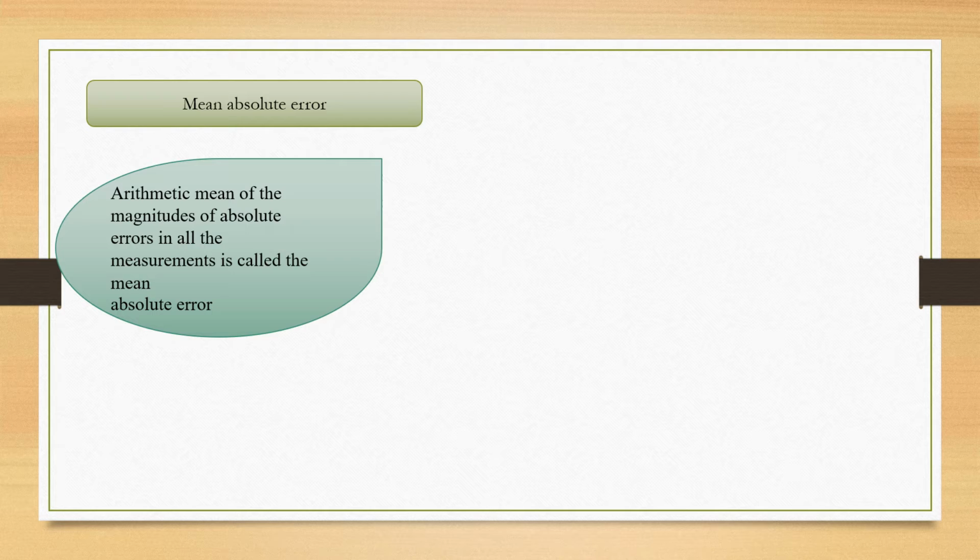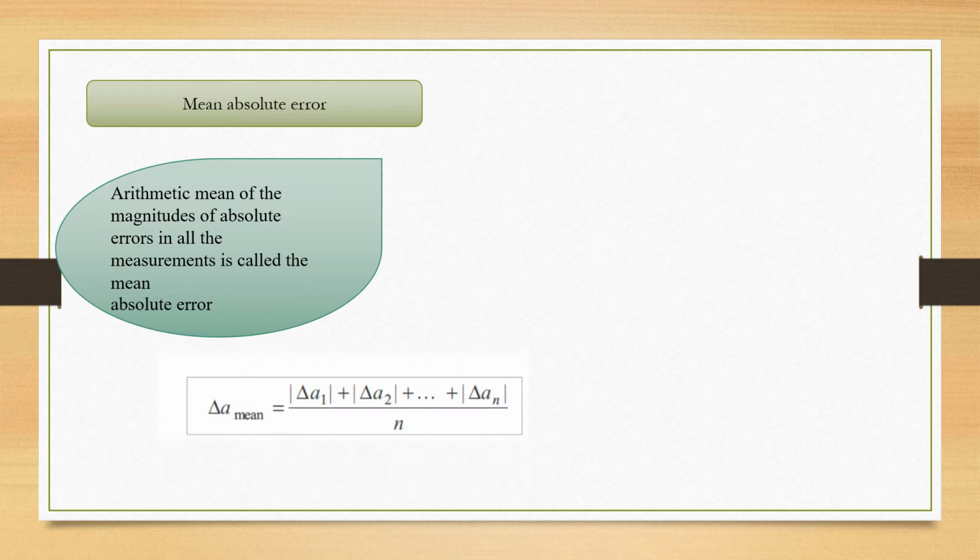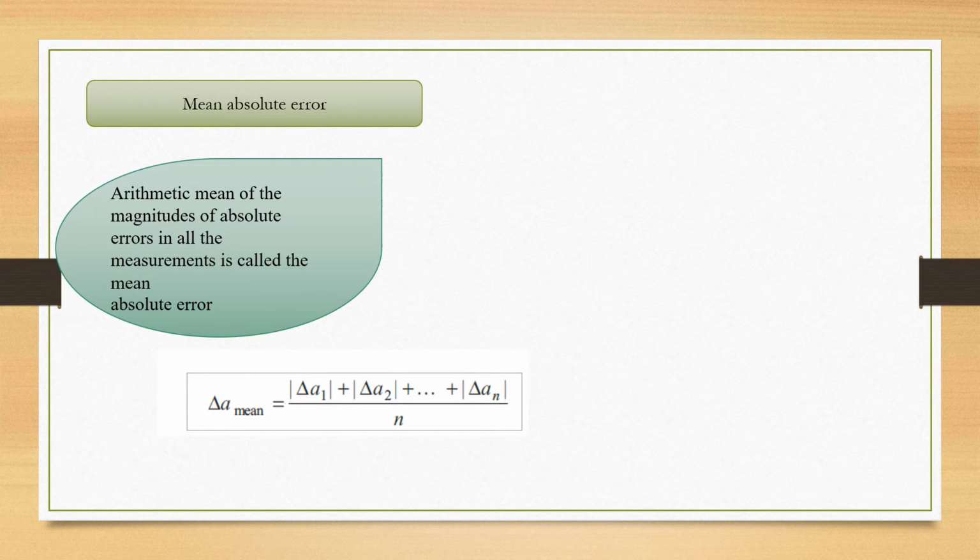The arithmetic mean of the magnitudes of absolute errors in all the measurements is called the mean absolute error. The formula is delta A mean equals the first absolute error plus the second absolute error plus the third absolute error and so on up to the nth absolute error, divided by n.